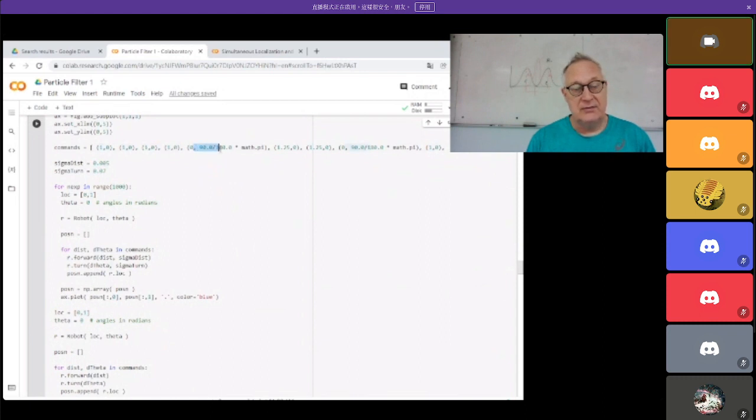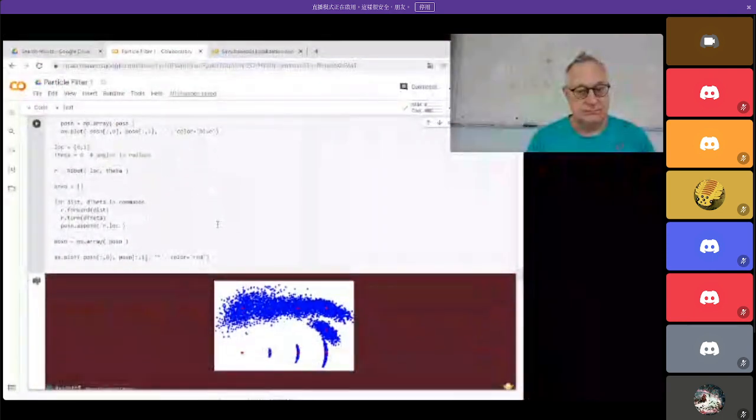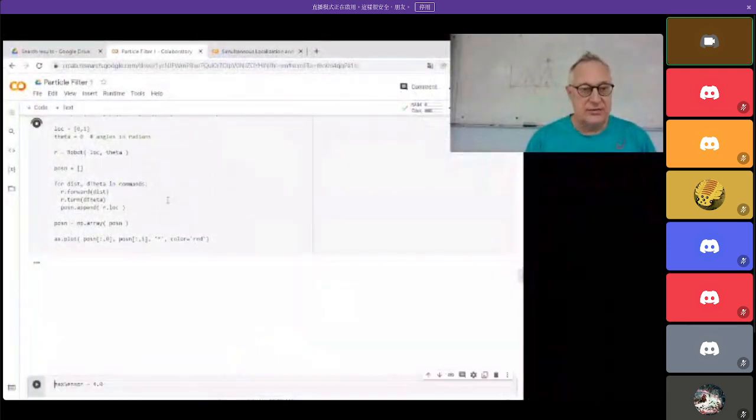Then I turn left 90 degrees. Then I go forward 1.25 meters. Then I turn left. Then I go forward 1 meter, 1 meter, 1 meter. And then I run that 1,000 times, and I simply record the positions that the robot goes through. And then this is the output that we actually get.